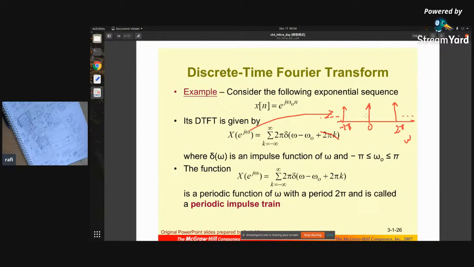This is not an exact plot. Since it is delta of omega minus omega naught, somewhere here, within minus pi to pi, let us say omega naught is there.